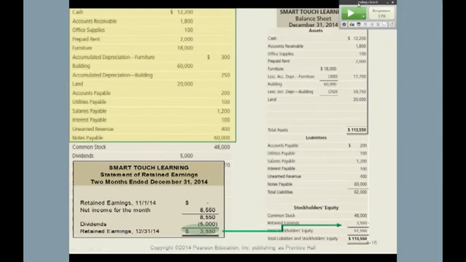One, this is showing you the transfer, or the articulation, of the retained earnings account into the balance sheet. This is what you would consider to be an unclassified balance sheet, and it is what we would look at as a report form, where the assets are stacked above the liabilities and the stockholders' equity. So this is a report form, but it's unclassified.